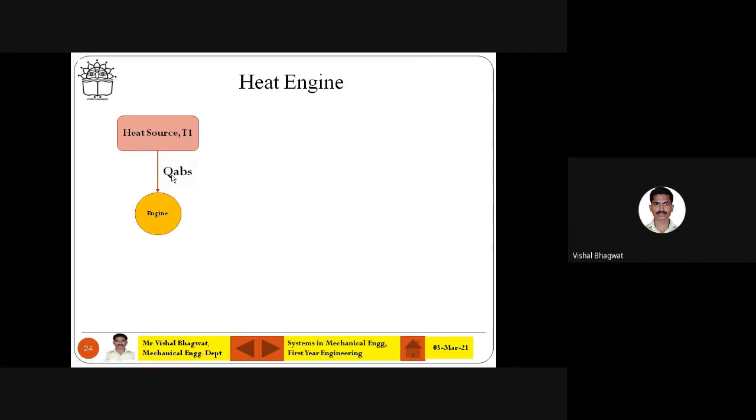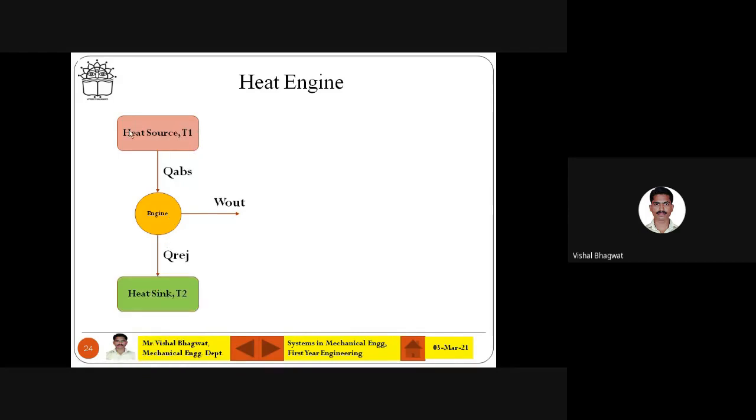Q1. So heat is absorbed from a high temperature body. It absorbs some heat and produces some work output. But it cannot completely convert Q absorbed to work out. So Q cannot be converted fully into W. That's what the losses are. So losses are Q rejected. So there are two bodies.